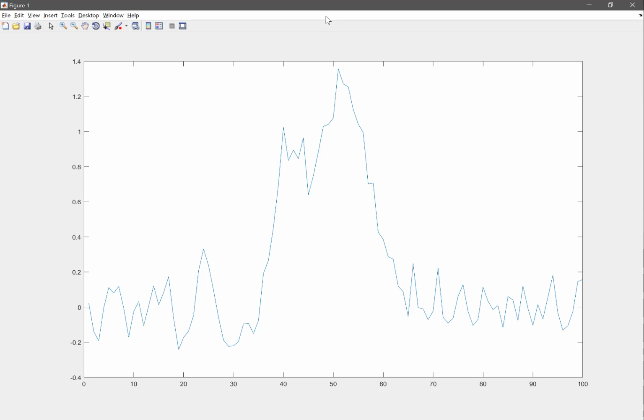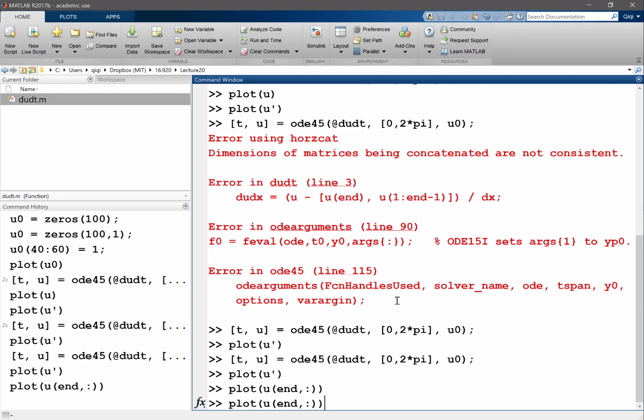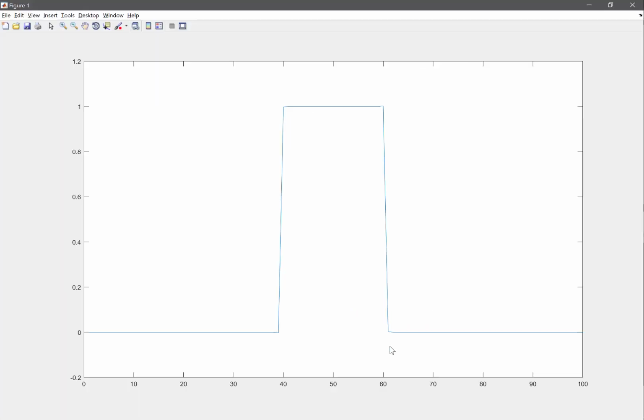Let's actually look into the modified equation analysis. Actually, before doing this, let's look at an easier position to analyze. Maybe just look at a few time steps after the initial condition, right? We see that we still have almost a square wave.